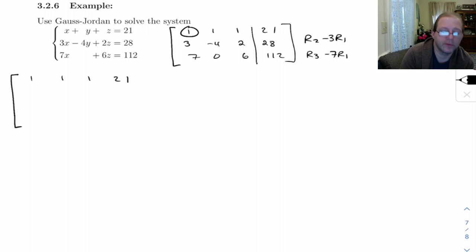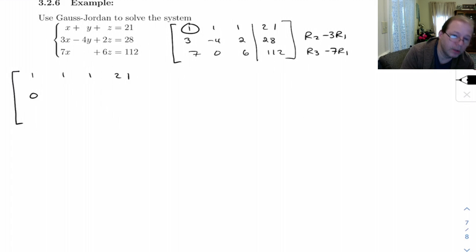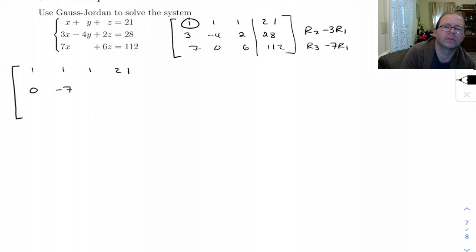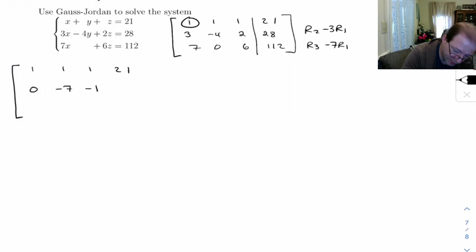So we get 3 minus 3. Then we get negative 4 minus 3. Then we get 2 minus 3. And then we get 28 minus 63. It's negative 35.